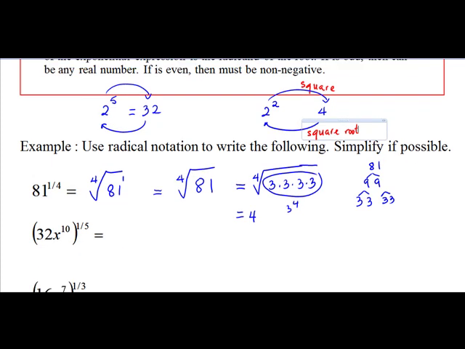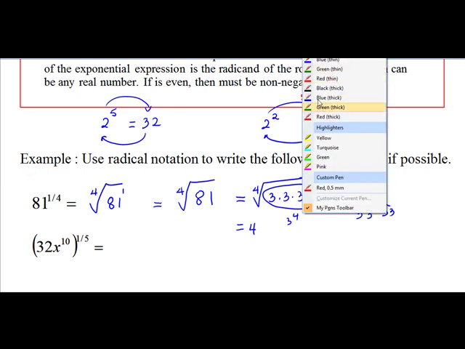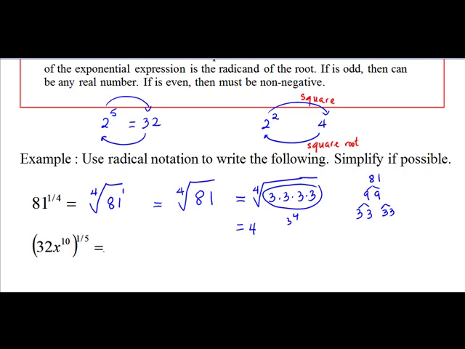Let's try another example. Now I have 32 x to the 10, the whole thing to the 1/5 power. That means 32 x to the 10 is the base. So you have to write it like this. You put everything inside the radical.